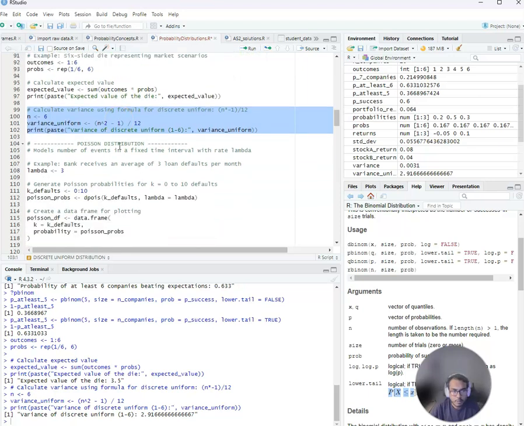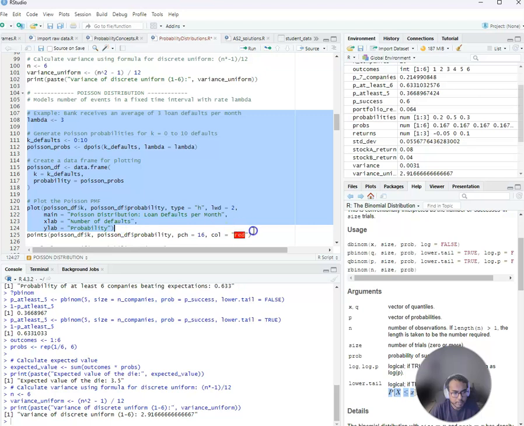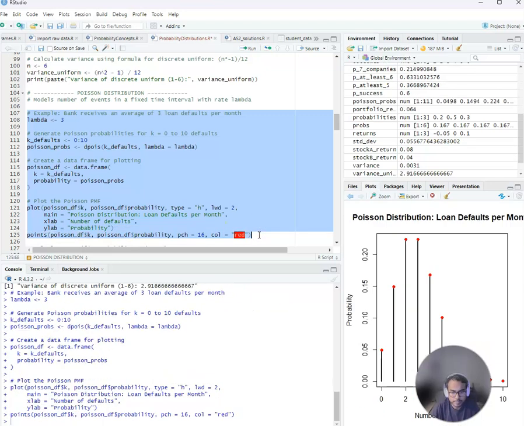For the Poisson distribution, I'm looking at the bank example, loan defaulting. So the bank on average faces 3 defaults a month, so lambda is 3. What is the probability that the bank will witness any number of defaults between 0 and 10? So I specify the parameter, I define the range of defaults 0 up to 10, and then I get the densities for all these values of k, and then I convert it into a data frame and plot it.